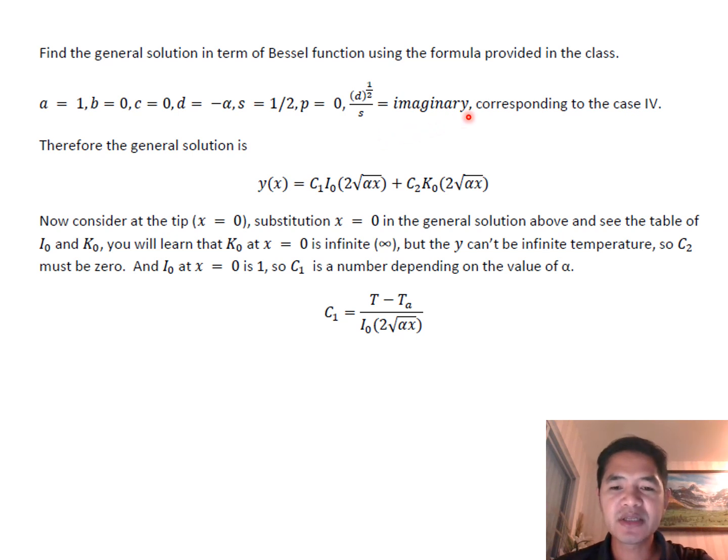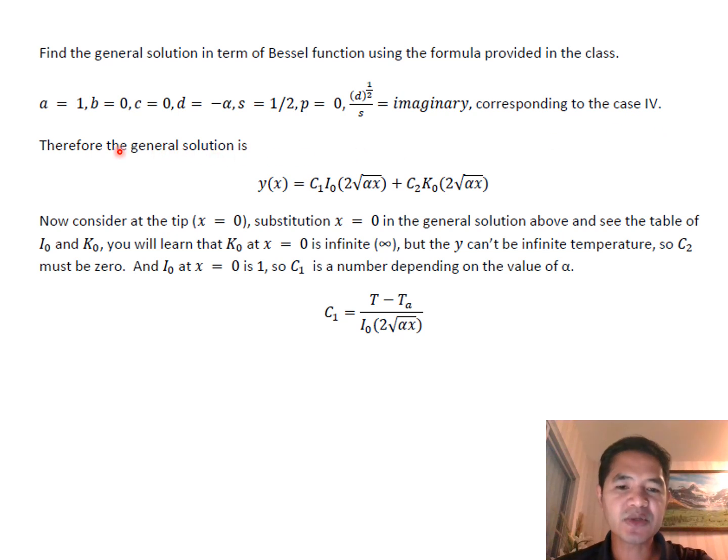After you get these values, I'm not going to tell you in detail, you then have to compare which case it is. We figured out this is case number 4.